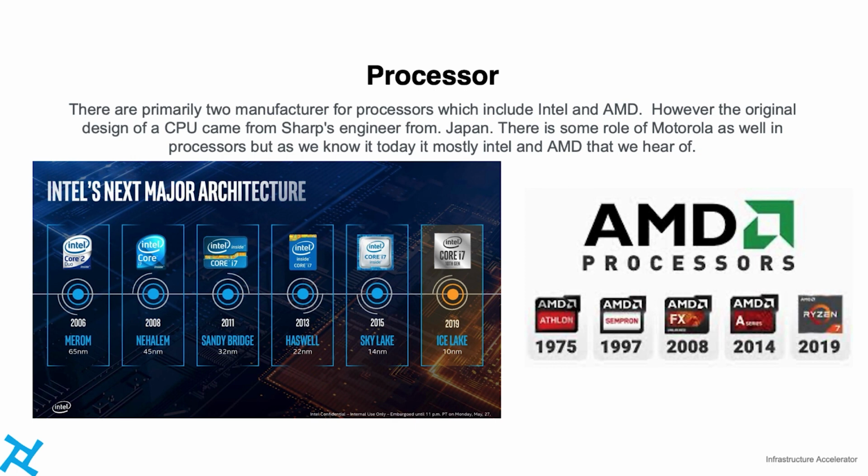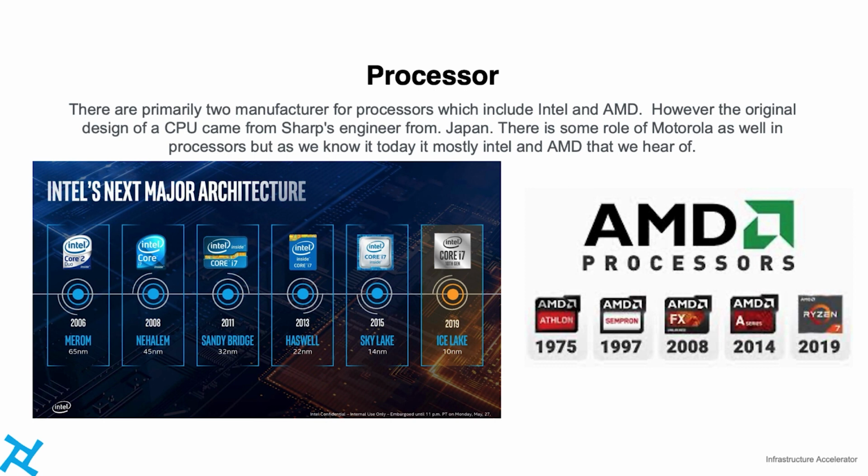And these are the various generations of Intel and AMD processors. So Core 2 Duo in 2006, i7, i7 Haswell, i7 Sandy Bridge, then i7 Skylake, and then i7 Ice Lake in 2019, which is the 10th generation, and now we have i9 processors.